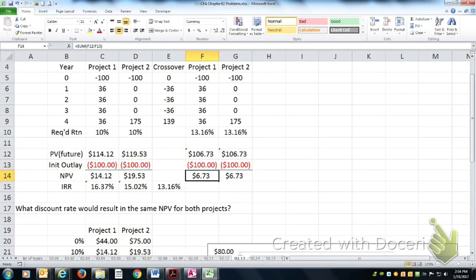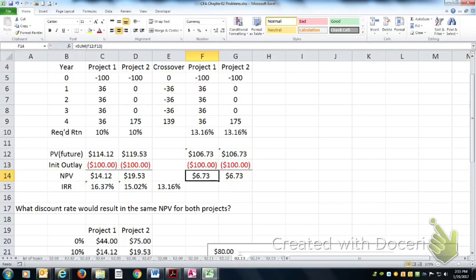The NPV would be 6.73 for both of them. Okay, so that's the point at which you get the exact same NPV for each of them. That's the point where you would be indifferent between the two.